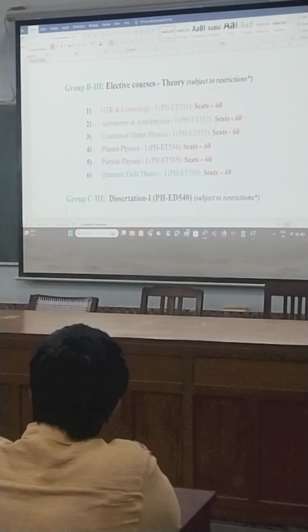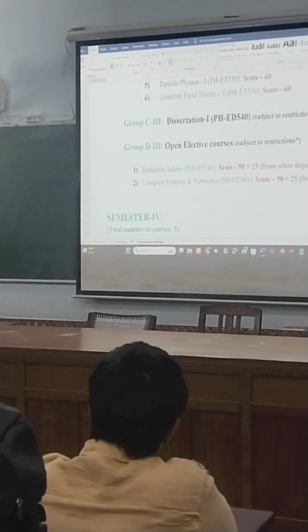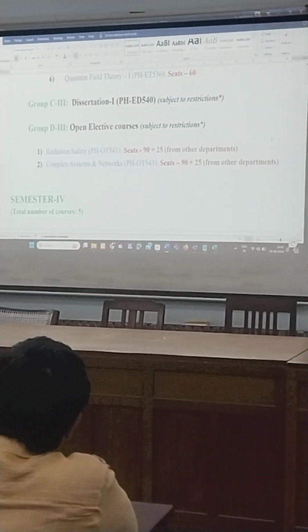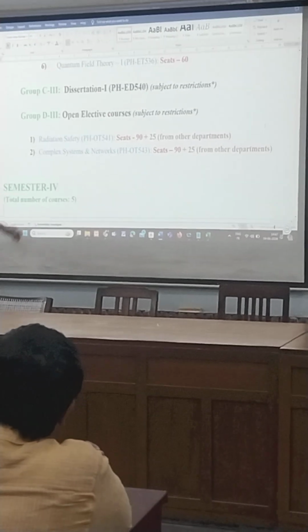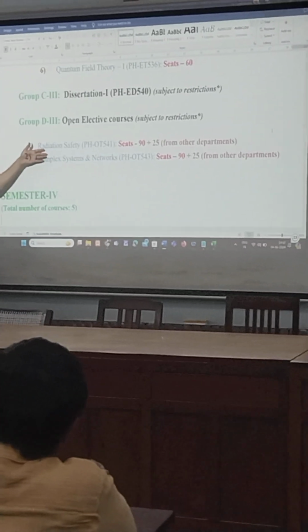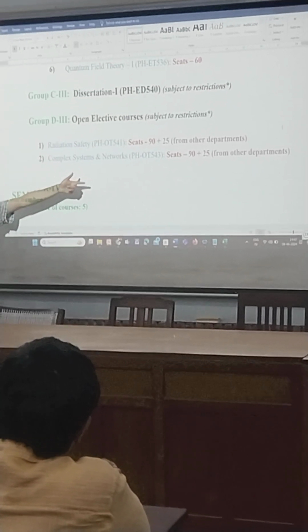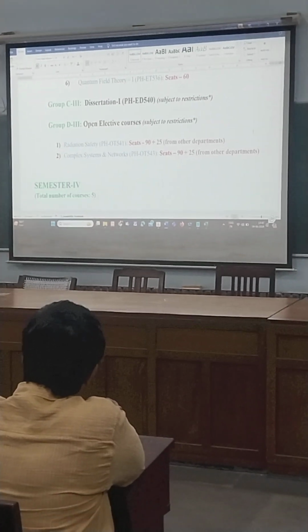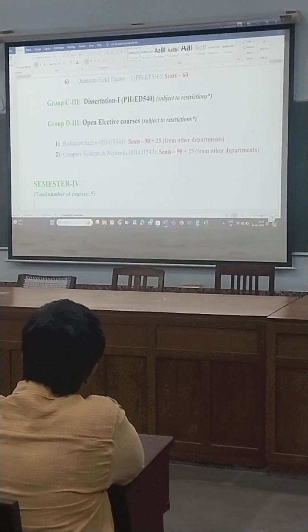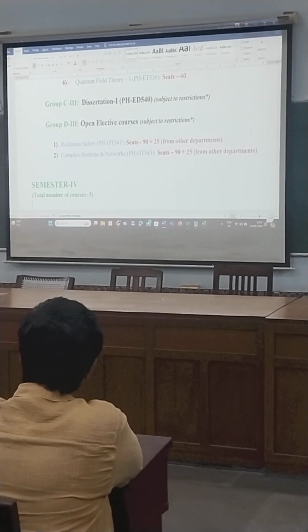If they are opting for 2 papers, then they can opt for their third optional paper from the open electives like radiation safety and complex systems and networks, and we have another 30 papers from the different science departments.